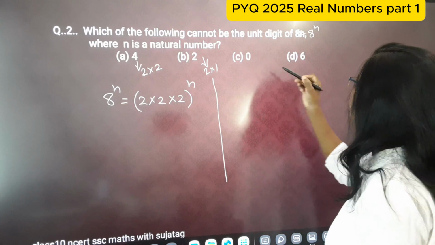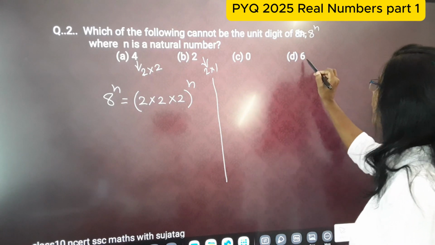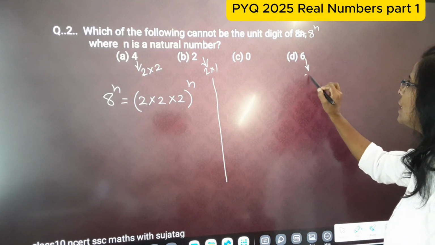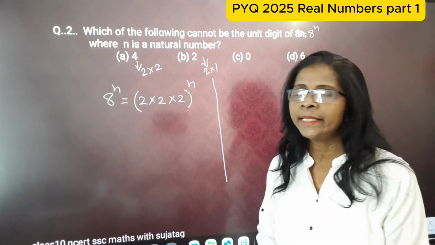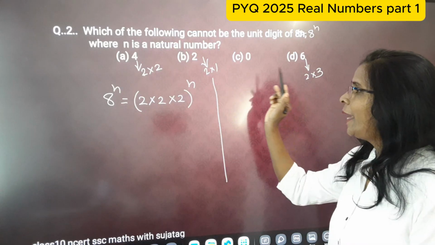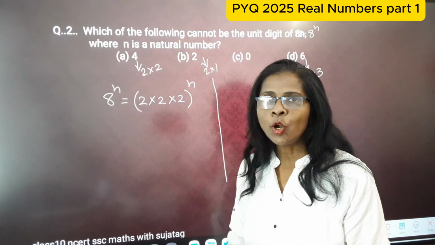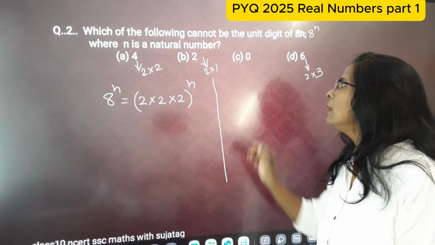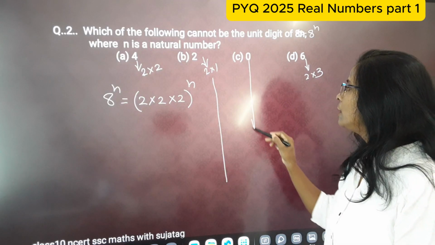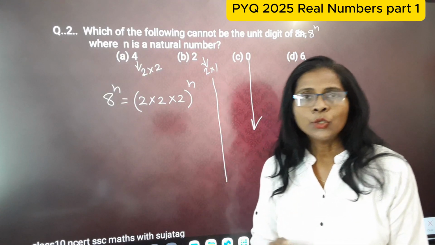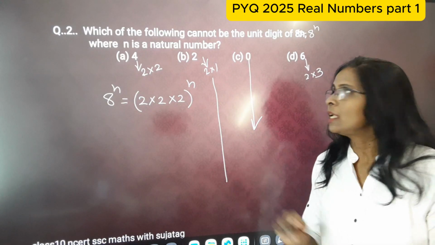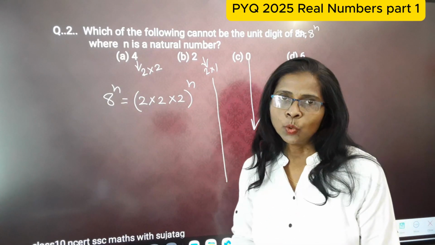And 0 does not end with 2. Now 6, that means 2 threes are 6. So we can say that 8^n cannot end with 0. So our correct option is C, 0.